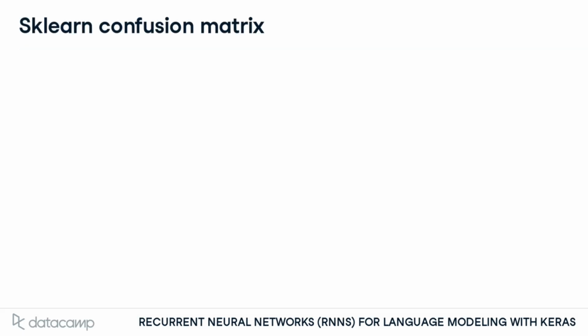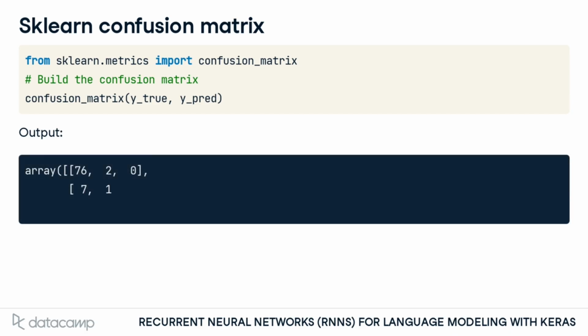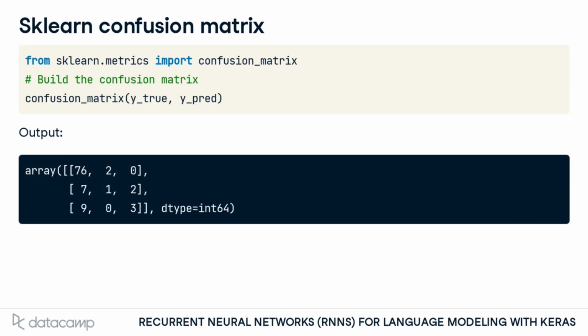We can compute the confusion matrix using a function called confusion_matrix from sklearn.metrics. The function receives two parameters, y_true and y_pred, containing the correct and predicted values. We can see from the output that the model seems to have higher accuracy for the first class.